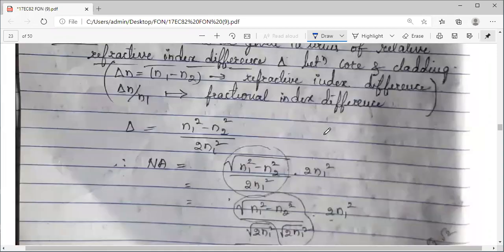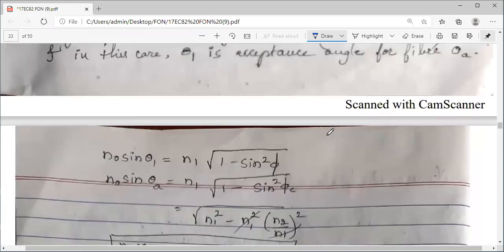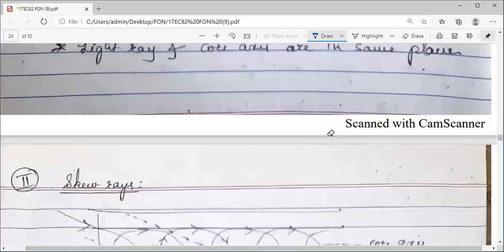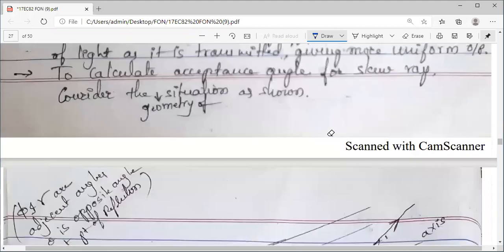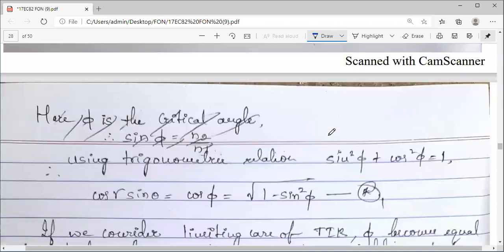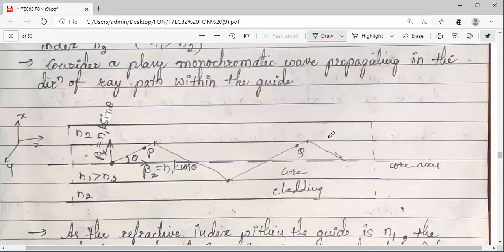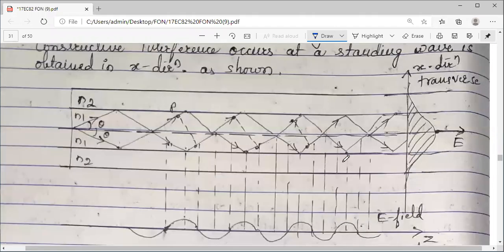It will be a bit clear to you. Very quickly, I'll share the slide. Yeah, you can see this field. Okay, field configuration.